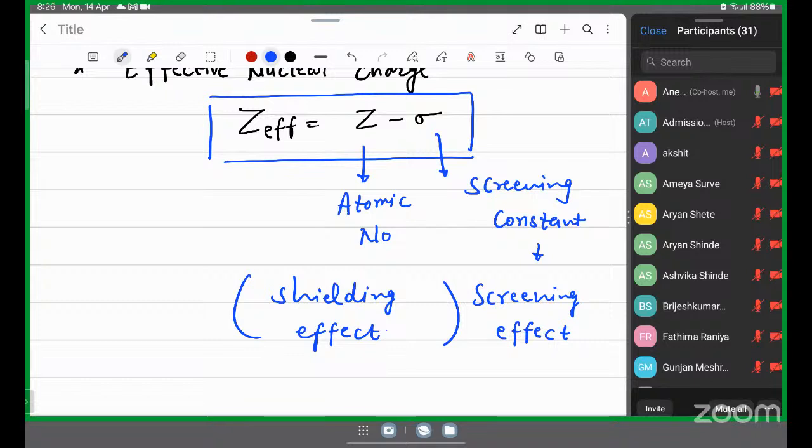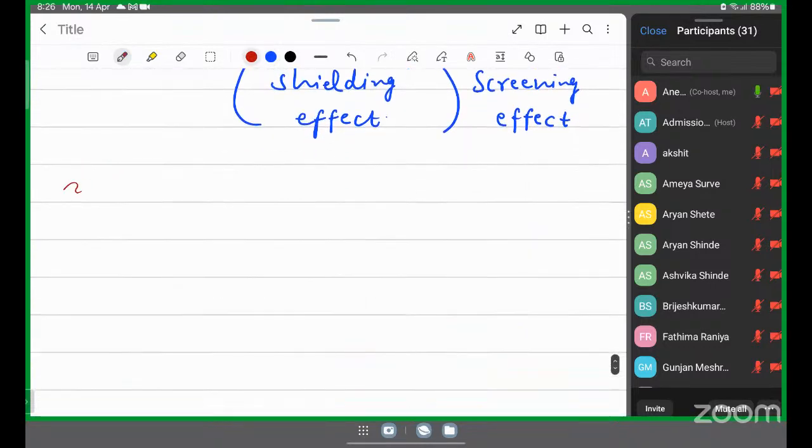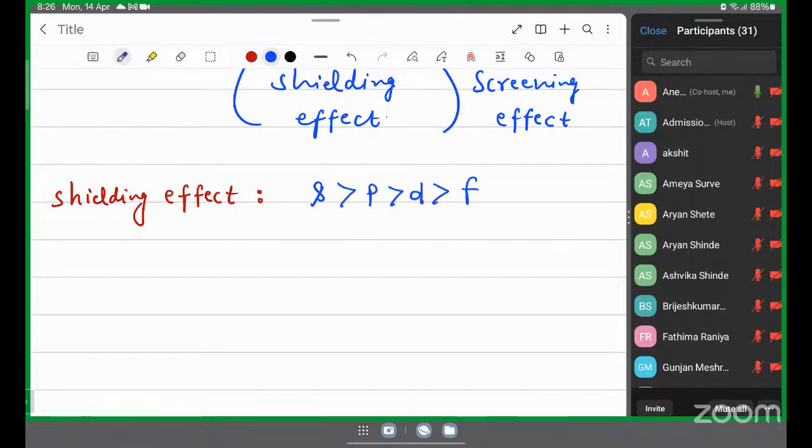Now the question may be, which electrons will have greatest shielding effect? So remember, shielding effect will be maximum for S electrons, then P, then D, and then F. So S electrons give maximum possible shielding or screening.